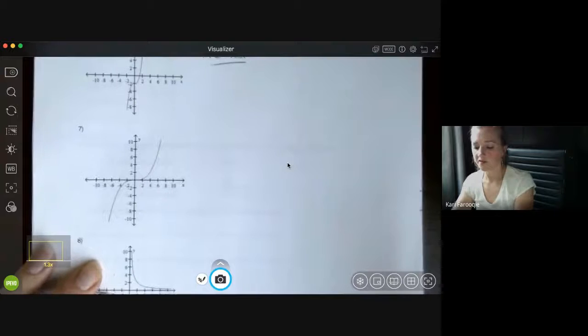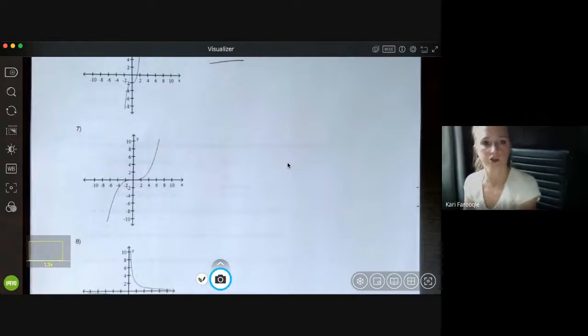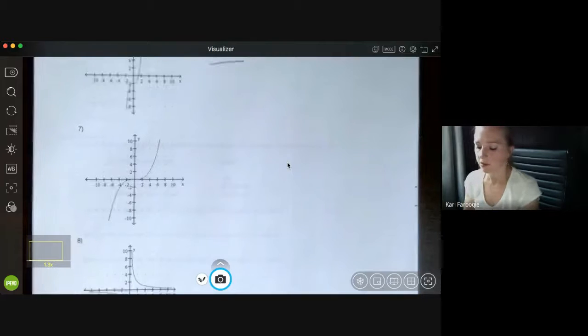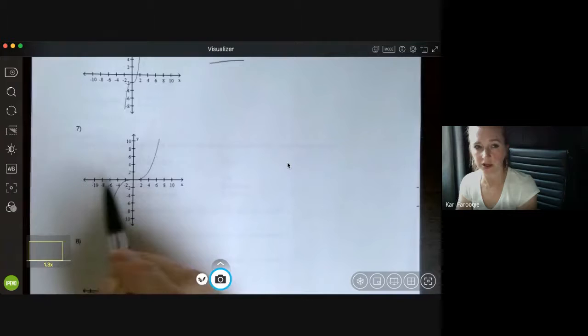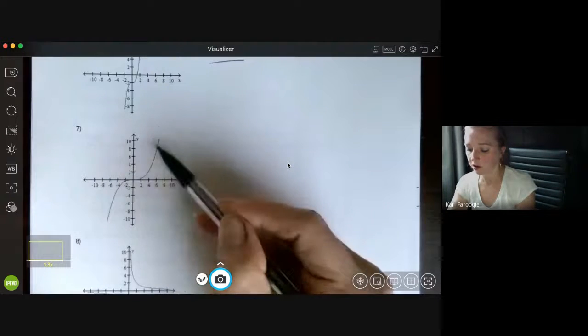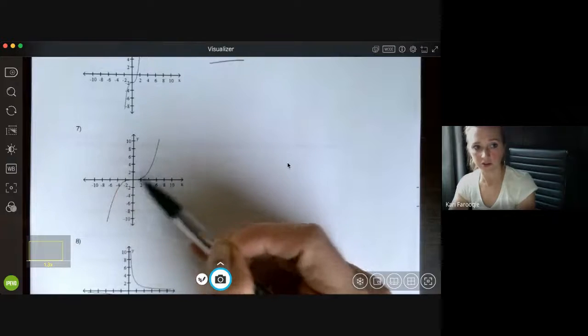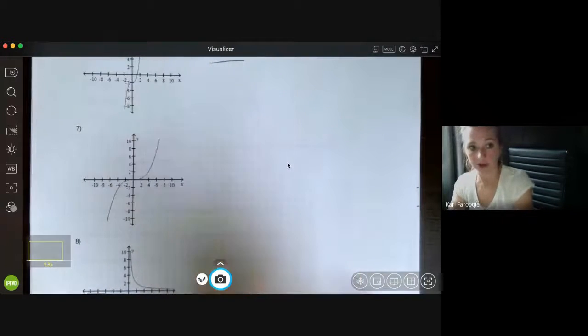For number 7, this is one where it looks more like you've got a situation where you have origin symmetry. The reason being, all the action that's happening with this graph is happening on this x-axis. So if you take a good look at the function, it's increasing from left to right. Everything that's important is happening here at the x-axis.